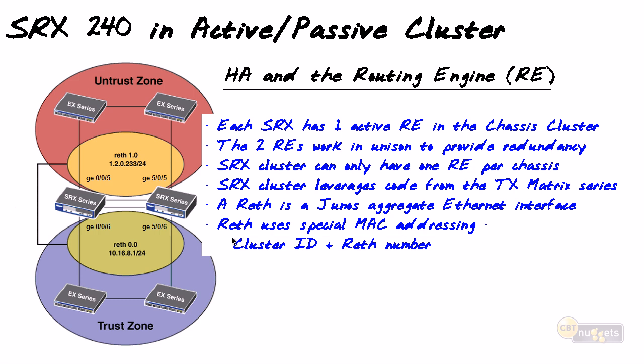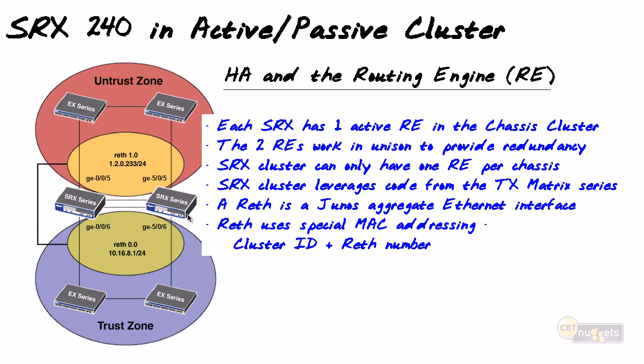With the cluster ID, keep in mind that each cluster has to have a unique identifier among all of the members of that cluster. And then, of course, we have the node ID. Node 0 and node 1, for example, are the 2 devices within that cluster. And so all of the objects and resources that would be failing over from the active to the passive device would be the redundancy group, right?